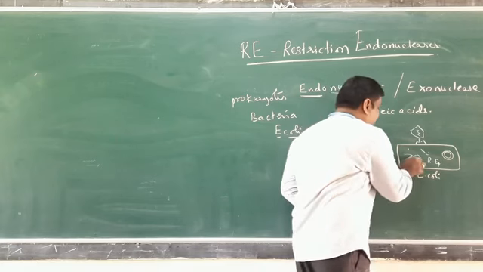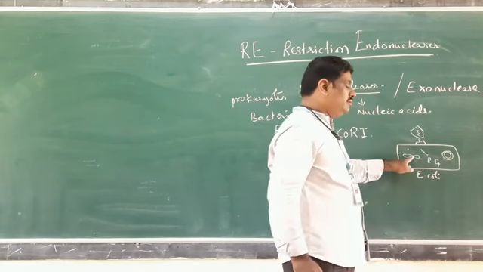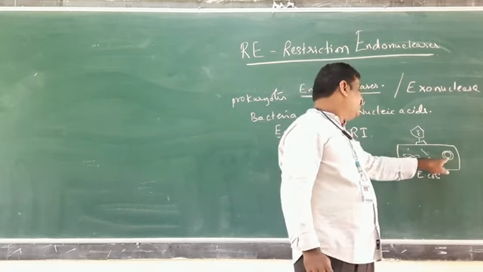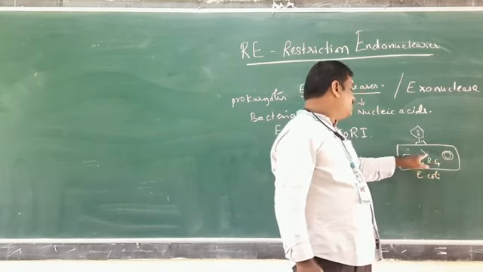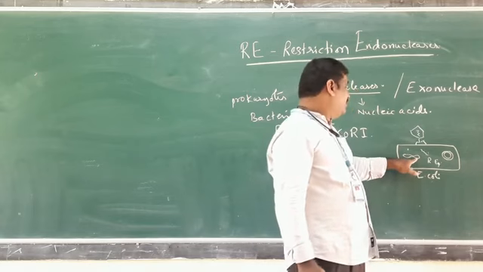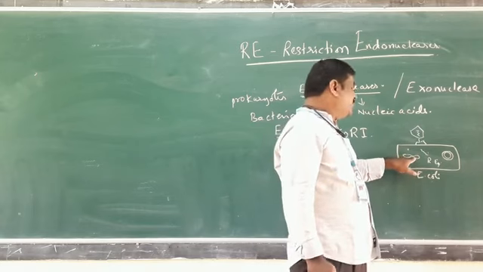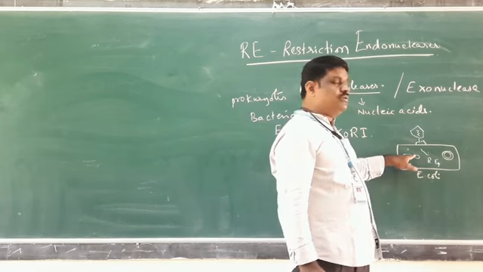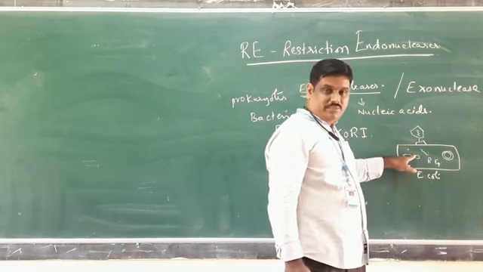Suppose this is the genomic DNA and this is the plasmid DNA of the bacteria. The restriction endonuclease no longer identifies the genomic DNA, because methylation takes place. That is called the restriction modification system.